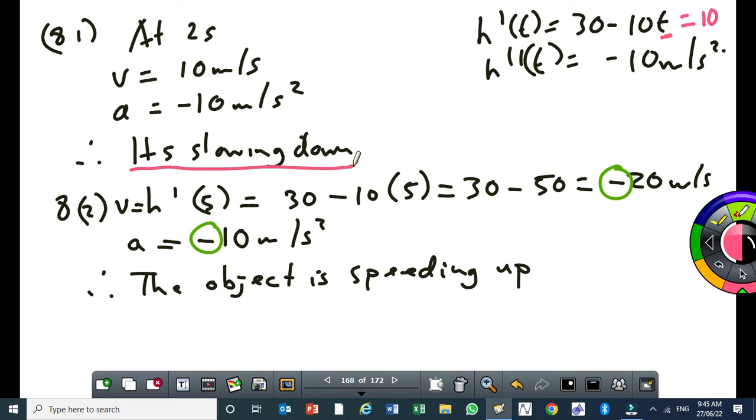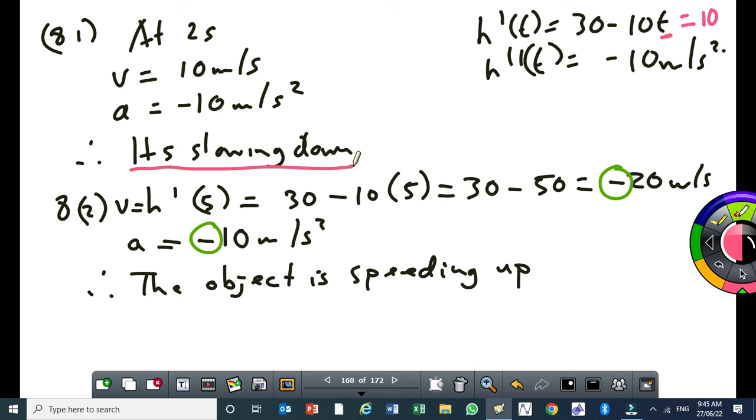Right? Then we do the same. So v is h prime. After 5 seconds, we substitute t equal to 5 into the velocity function. We get 30 minus 50 gives us minus 20 meters per second. Then the acceleration is minus 10 meters per second squared.